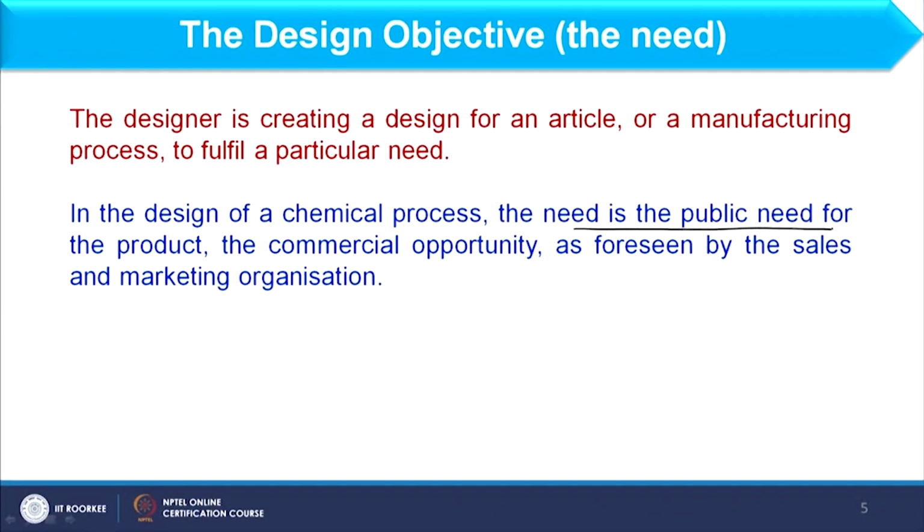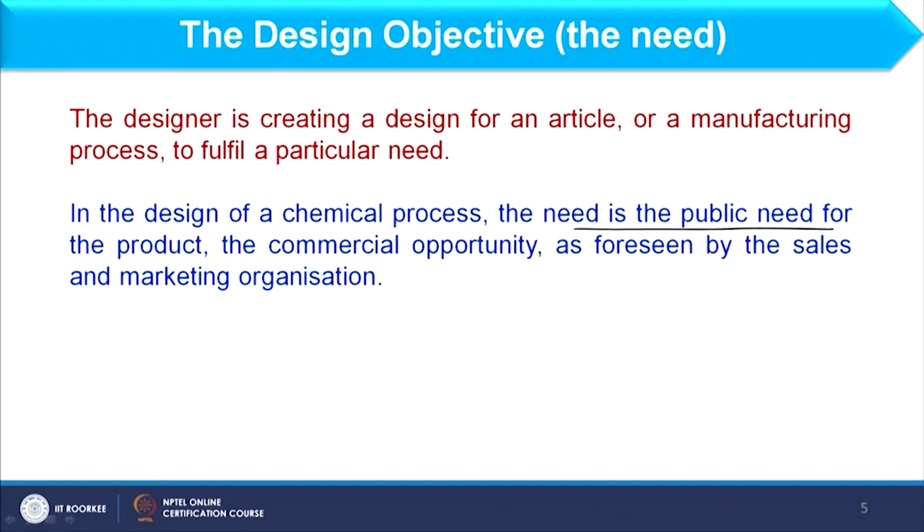Now, next is the design objective. What is the design objective? I am saying that it is the need. As far as chemical engineering is concerned, need is basically the public demand.